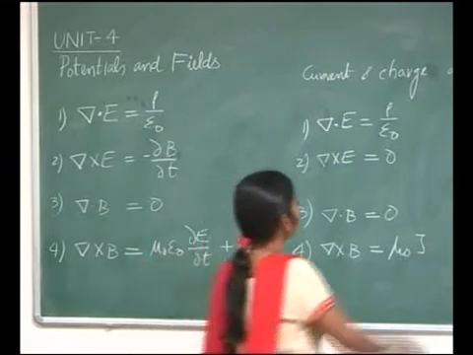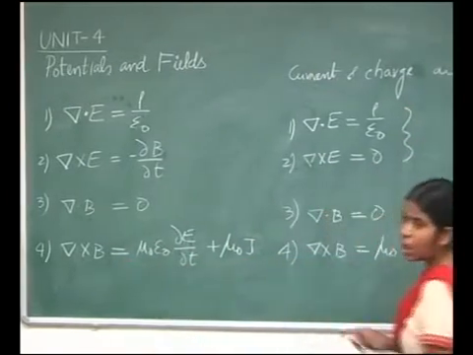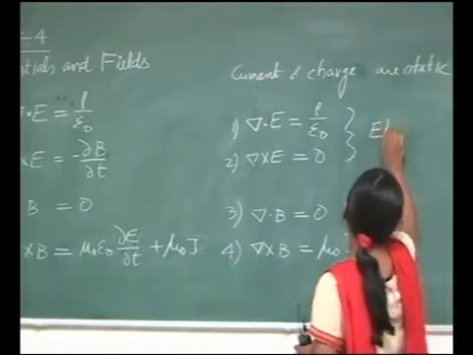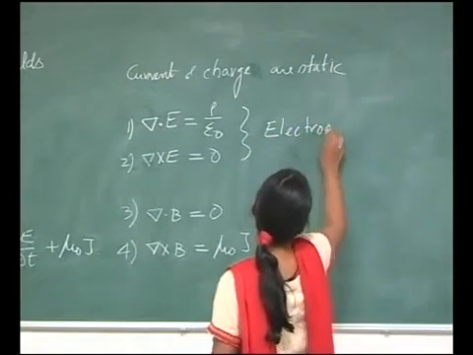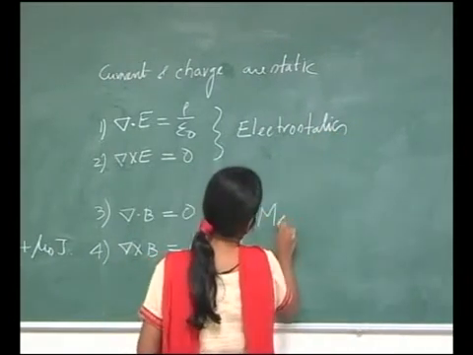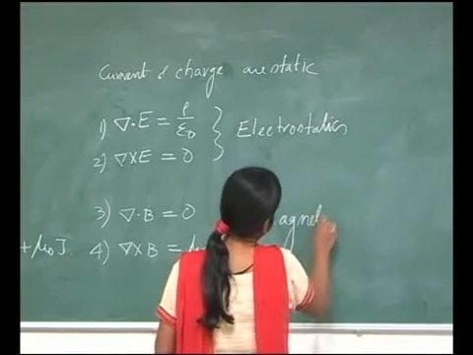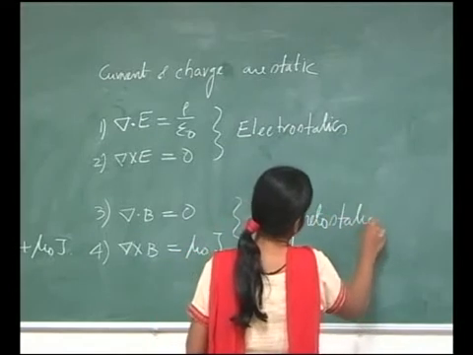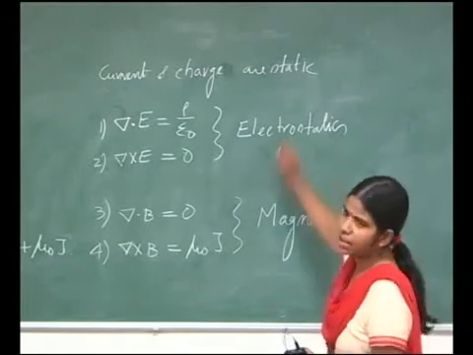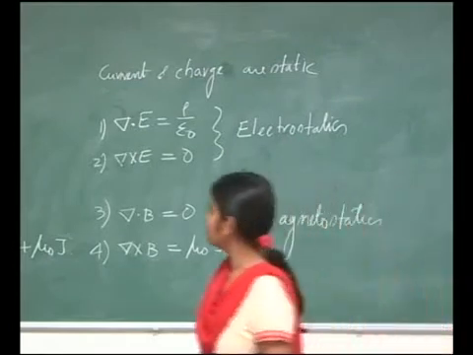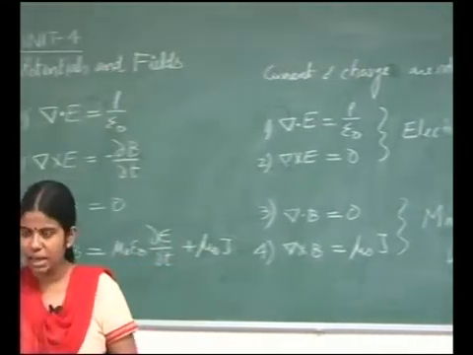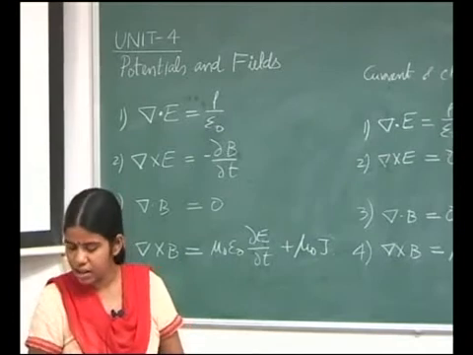Now, you can see here. These 2 equations are the heart of electrostatics, and these 2 equations are from magnetostatics. So, I can say here that in electrostatics, B and E are vectors, magnetic field and electric field are vectors.